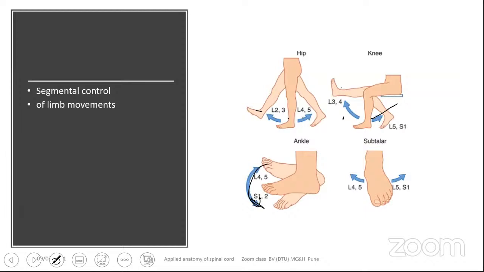So L5, S1 is eversion, L4, 5 is inversion. So there is a symmetry here which you can remember by L4, 5, L5, S1 inversion and eversion, L4, 5, S1, 2 by dorsiflexion, plantar flexion, L2, 3, L4, 5, that is extension and flexion hip region.